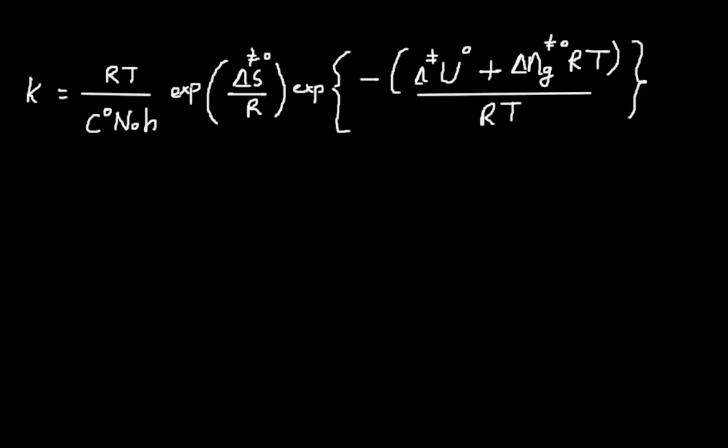So what does this delta Ng represent? Delta Ng represents the change in stoichiometric number of gaseous molecules in going from reactants to activated complex.